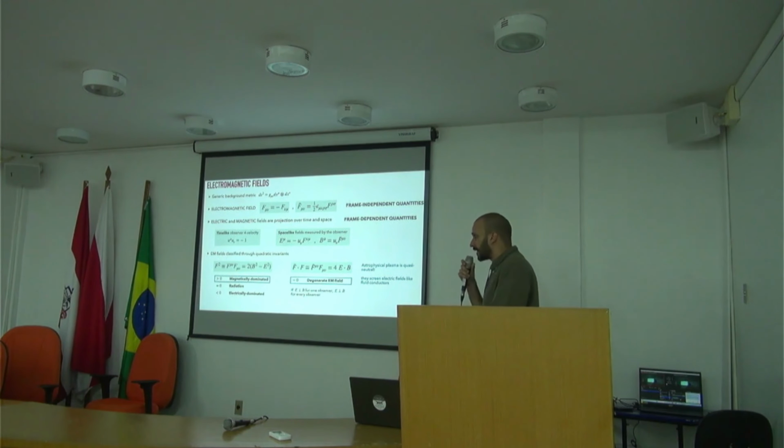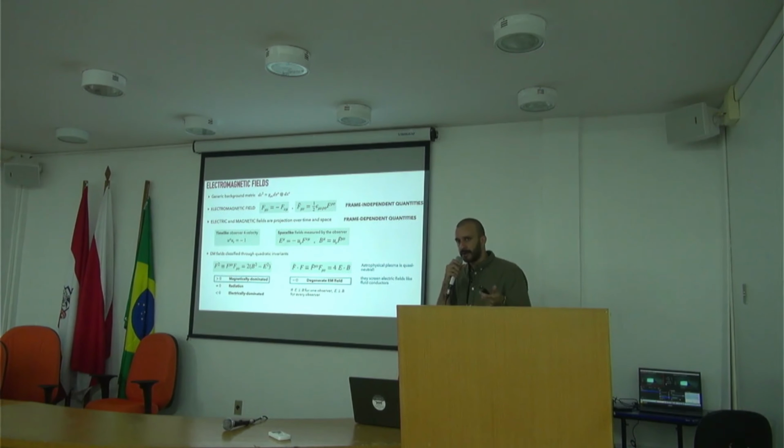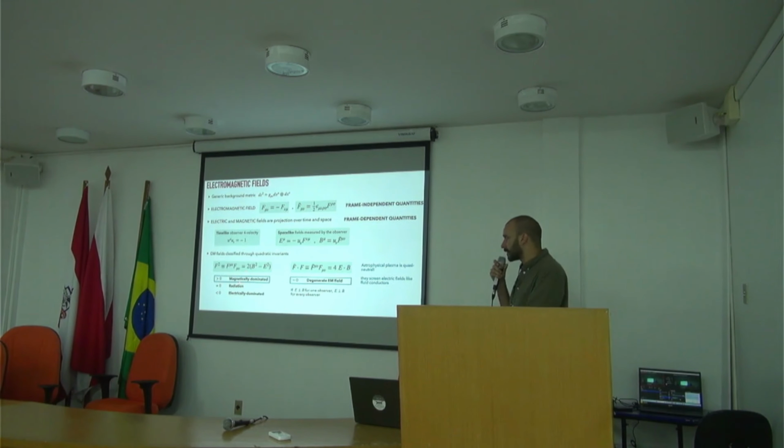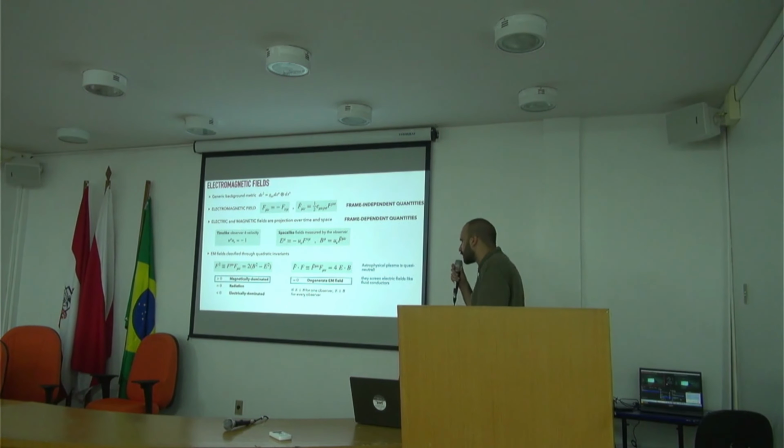For magnetically dominated fields, we can always make the electric field vanish, but never the magnetic field. And these are very important. These are the fields that are more important in astrophysics, of course, because in astrophysics we have to deal with neutral objects. So typically, we don't have unscreened electric fields.